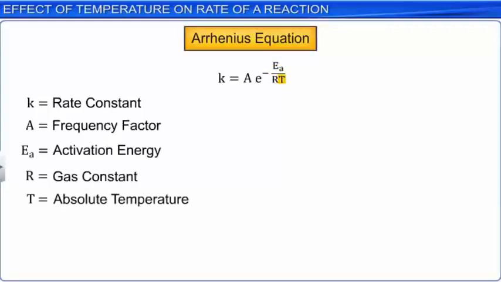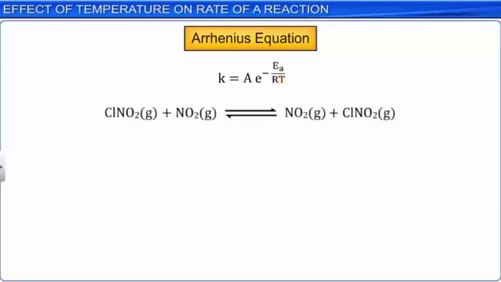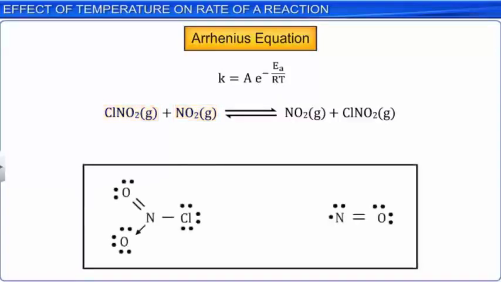To understand this better, let us consider the reaction between chlorine nitrite and nitric oxide. In this reaction, a chlorine atom is transferred from one molecule of chlorine nitrite to a molecule of nitric oxide.